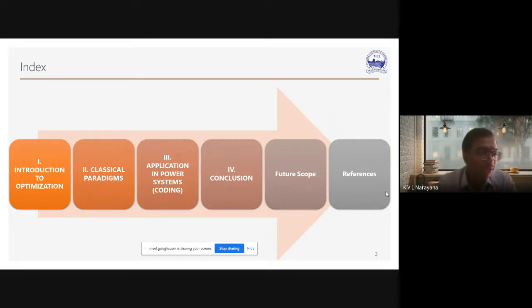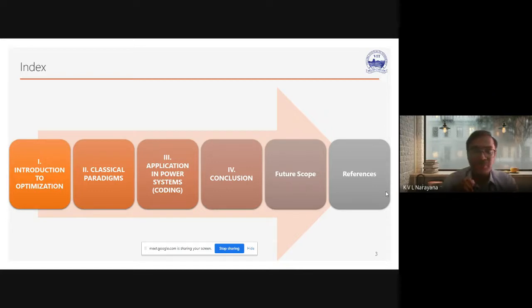In the third part, there will be a detailed discussion on how to implement MATLAB optimization for a well-known problem in power systems, optimal power flow. Finally, in the last part, we will discuss the future aspects of the algorithms. At the end of the presentation, we have provided the links to the original research of the various algorithms and their MATLAB codes for your convenience and perusal.